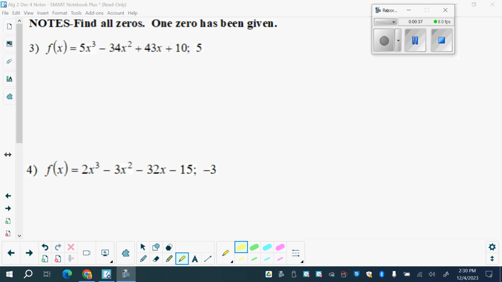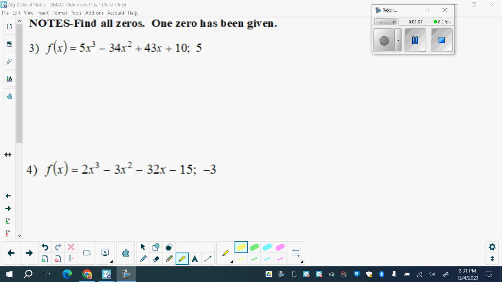It says we want to find the zeros, and if we were just to ignore that 5, how would we factor this?